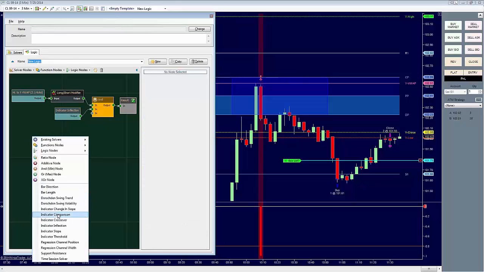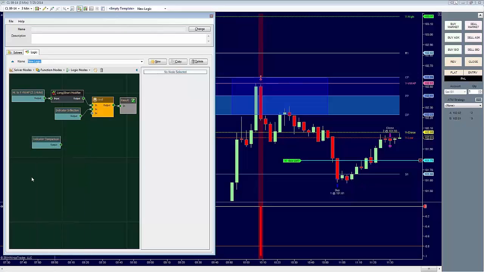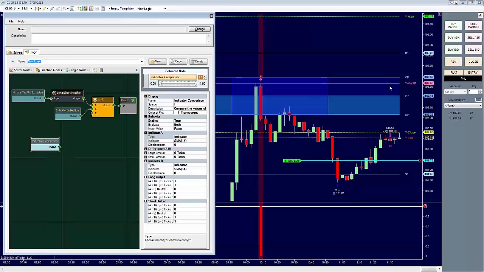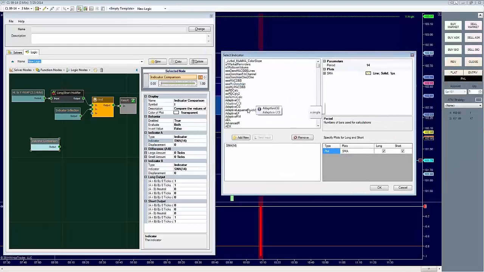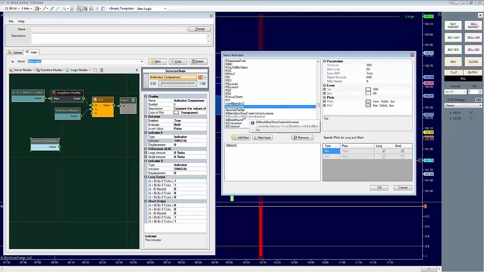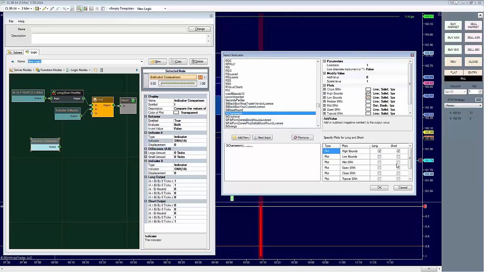So let's first build that condition for the central pivot. We're going to do exactly the same thing. We're going to use the SI chameleon for indicator A, high for long, low for short.